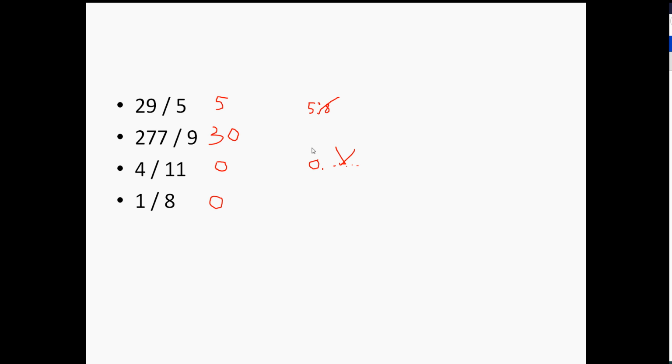Drop the decimal, and you're left with a 0. And the same thing with this: 1 divided by 8 is 0.125, I believe. Drop the decimal, and you're left with the 0. That's how that works.